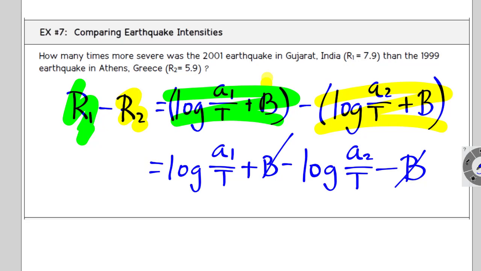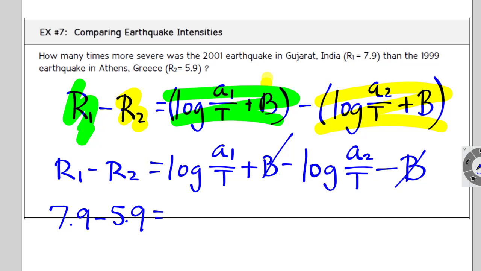And so from here, we can try to figure it out. This is R1 minus R2, but they gave us values for these. R1 was 7.9, and R2 is 5.9.